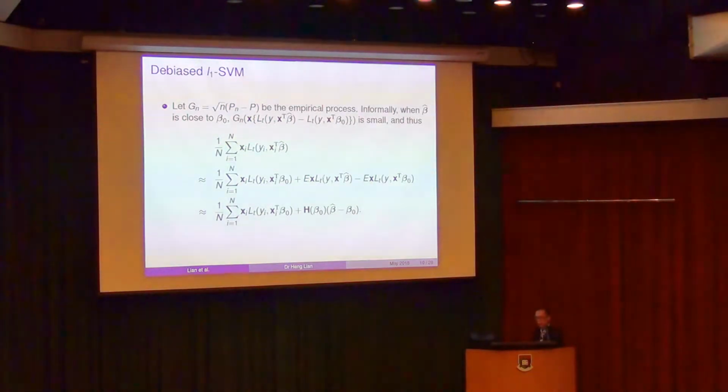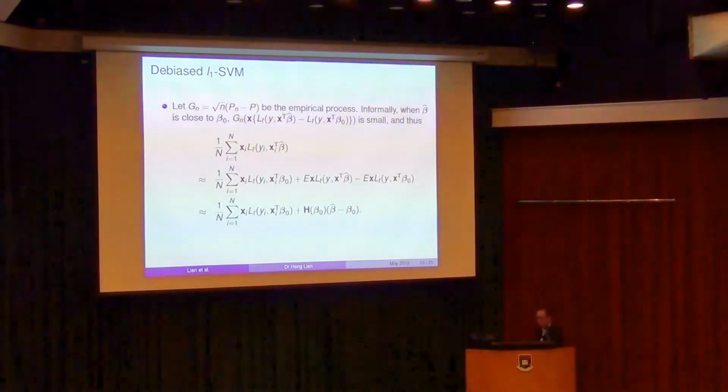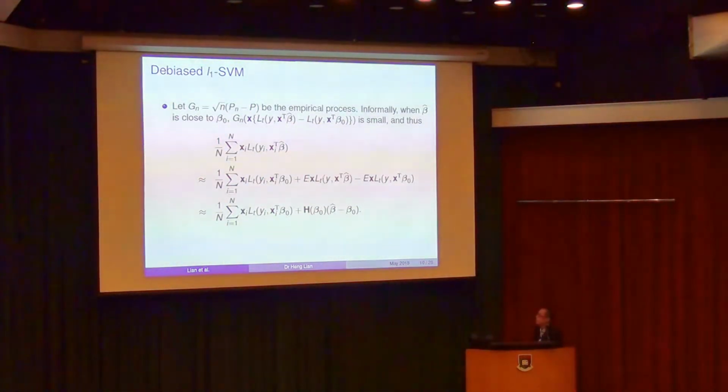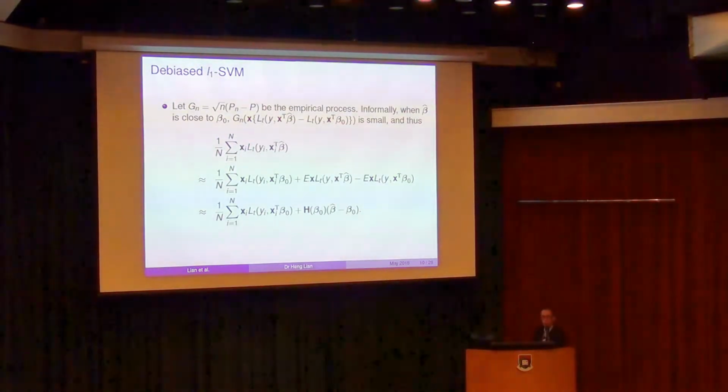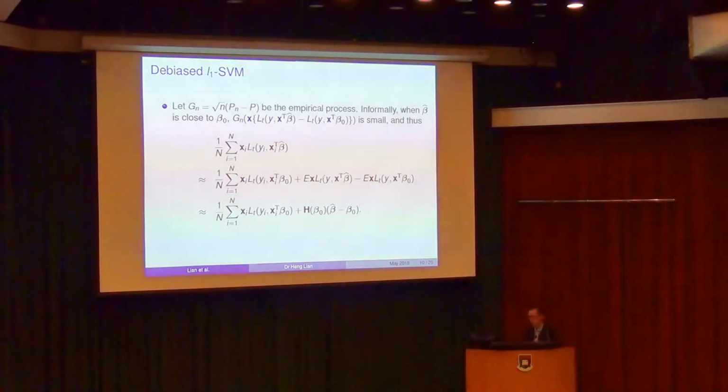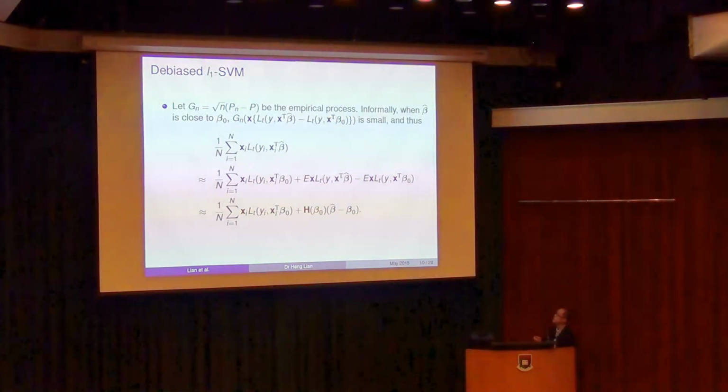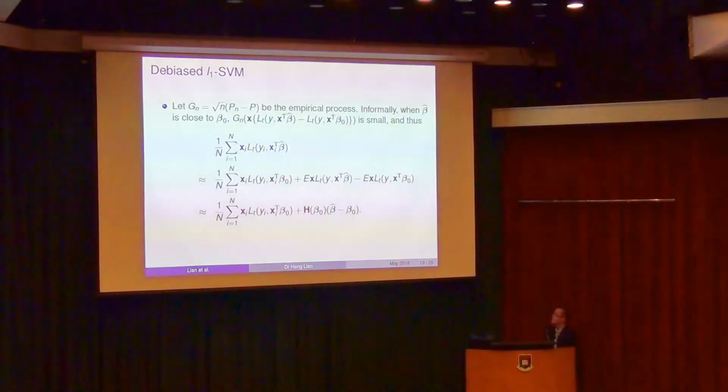The first derivative is okay except for one point, but the second derivative you cannot do, because you have a jump. So empirical process just says, let's replace the average by the expectation. The expectation of something not differentiable can actually be differentiated, because an expectation is an integral, and an integral has a smoothing effect. So we replace it by the expectation here. Now the expectation can be differentiated, so we get the Hessian matrix.